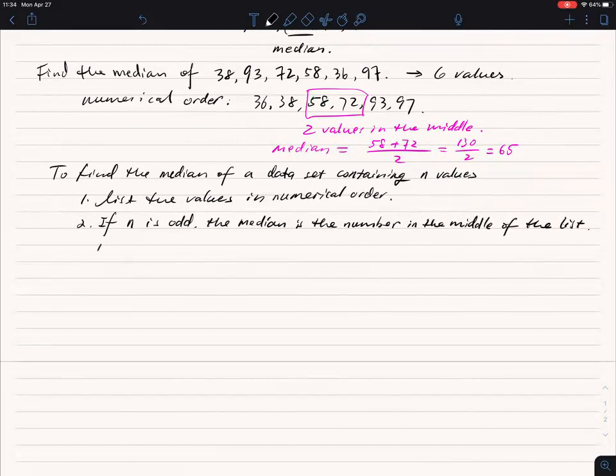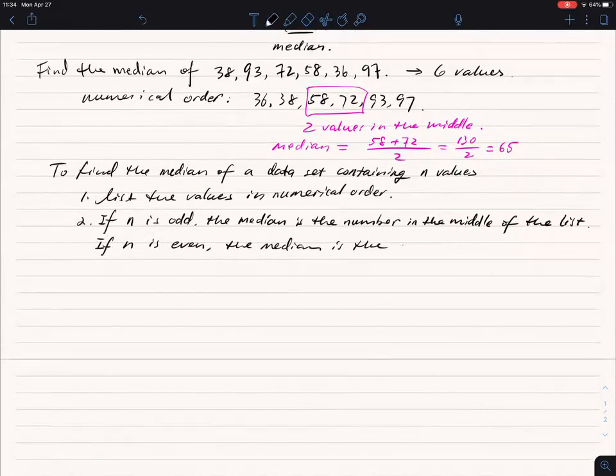And then if n is even, then the median is the average of the 2 numbers in the middle.